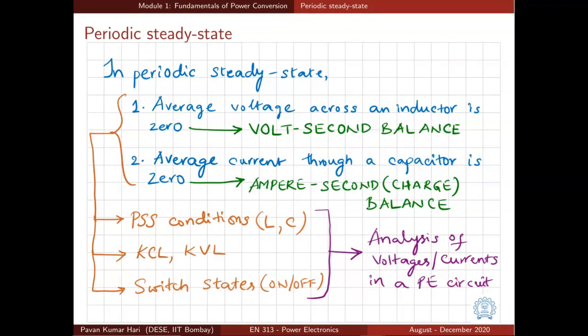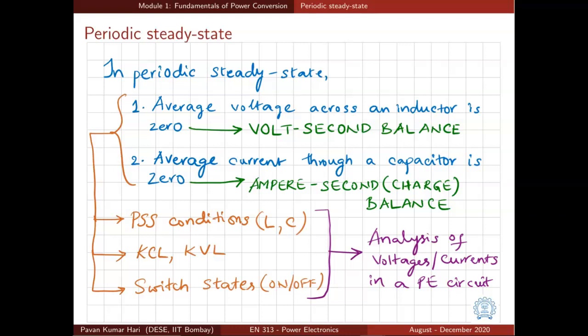We have shown that in periodic steady state, the average voltage across an inductor is 0. This is also known as the principle of volt-second balance. The term volt-second is used because we are integrating voltage with respect to time. By similar arguments, we can show that the average current through a capacitor is 0 under periodic steady state.